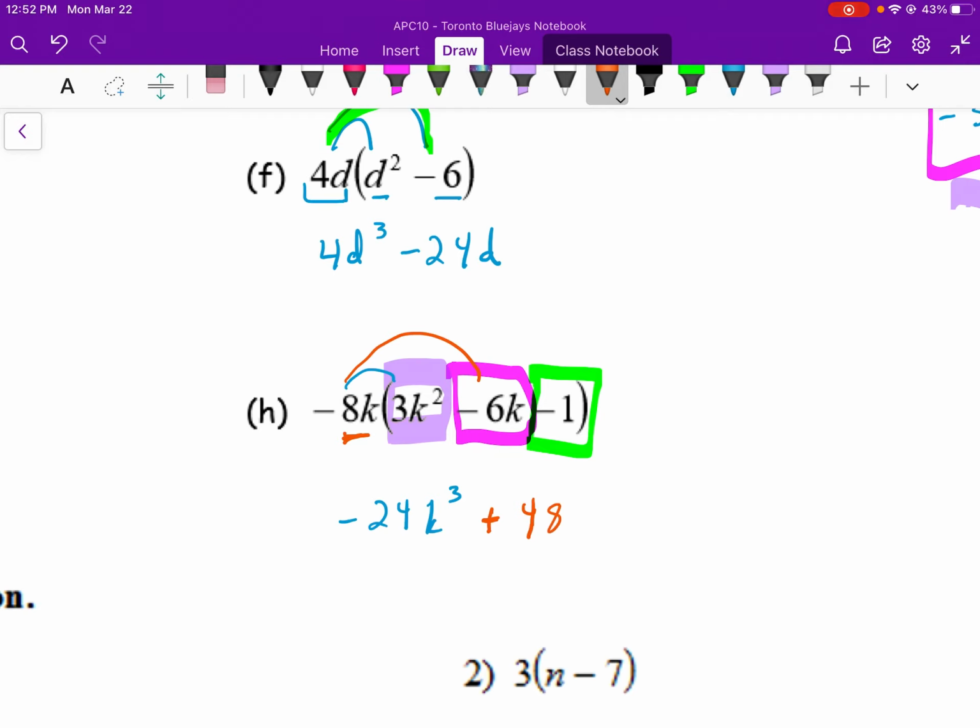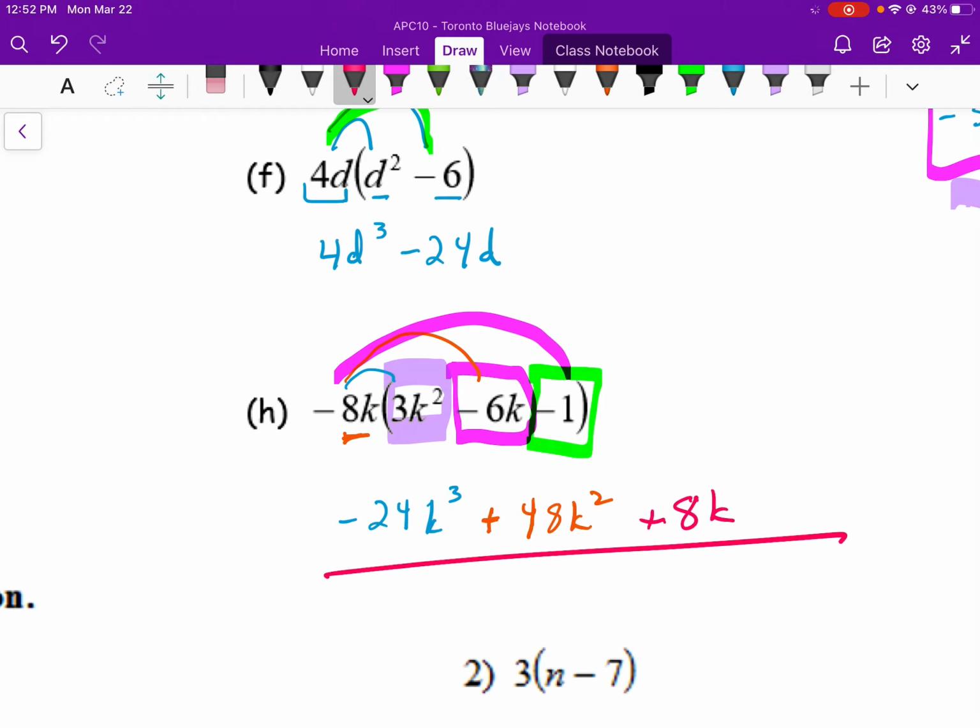I'm so sorry to take that long. So negative 8k times negative 6k is k squared. Are we okay with that? Last but not least, this last multiplication, negative 8k times negative 1. Well, negative 8 times negative 1 is positive 8, and I multiply the variables. So there we have my answer.